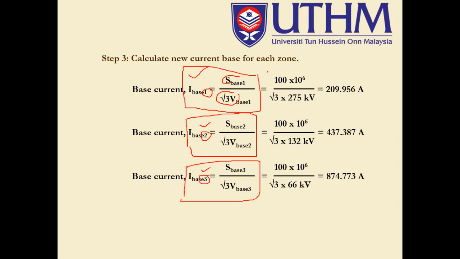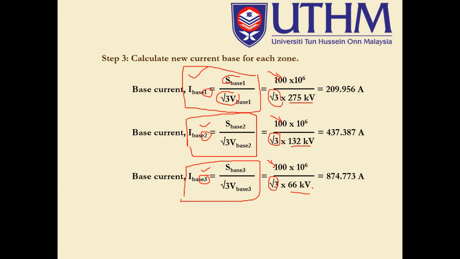So substitute the value of S, which is 100 MVA just now, 100 MVA, square root 3. This remains the same for all equations, but we come to V base, where we have its respective value: 125, 175, 132 as well as 66 kV.